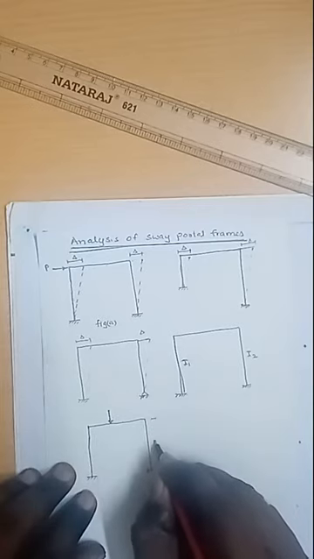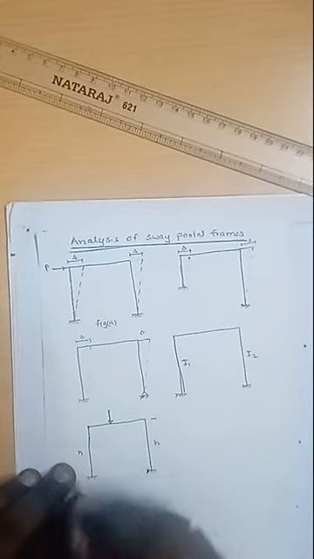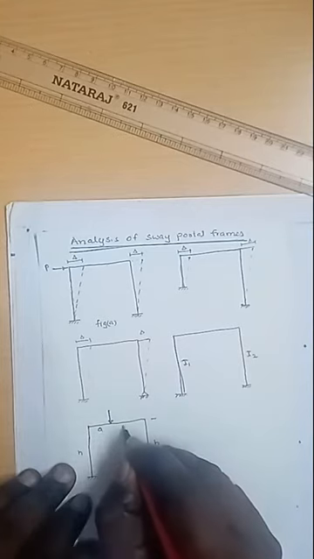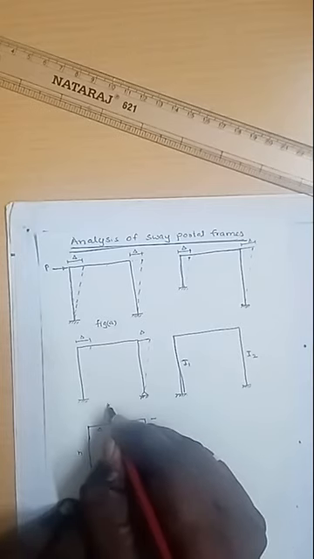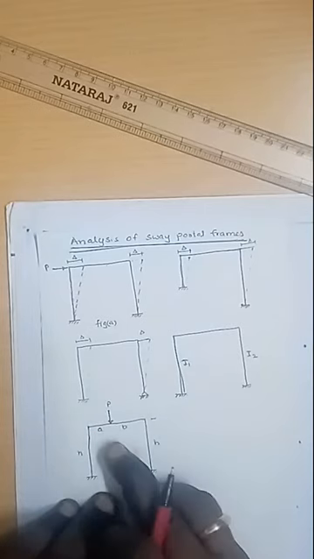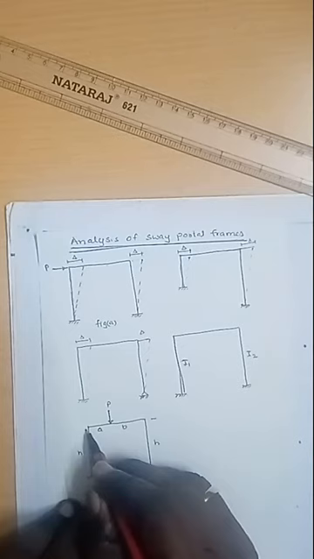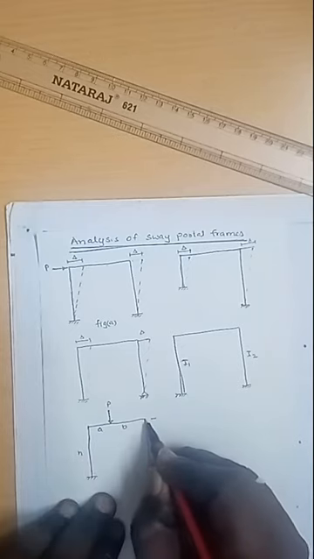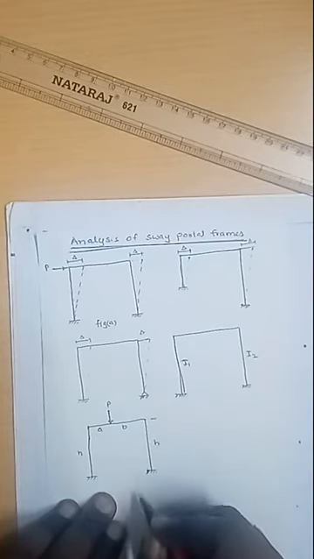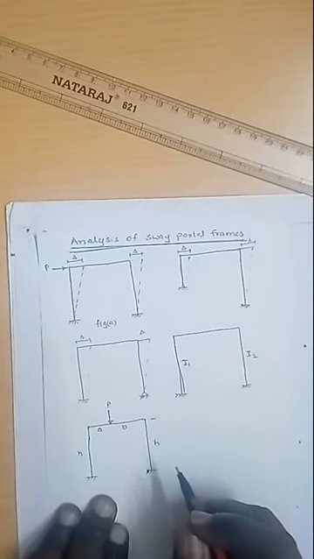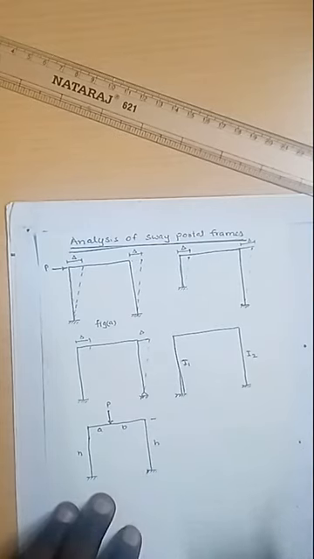This is the height of this column, this is the height of this column, but with respect to load this one is non-symmetrical. Here the load is acting at a distance of A from one end and B from the other end, hence this one is non-symmetrical. There may be chances of lateral sway either towards the left side or to the right side.